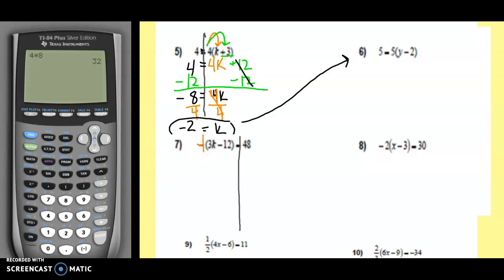So if you want to put the 1 there, feel a little more comfortable, that would work too. So going ahead and distributing, -1 times 3 is -3. K just comes along for the ride. My second multiplication here, -1 times -12. Again, making sure we're including that sign in our multiplying. It turns into a positive 12. And we're going to equal 48.